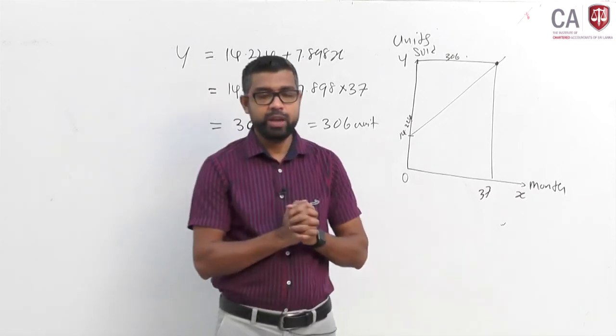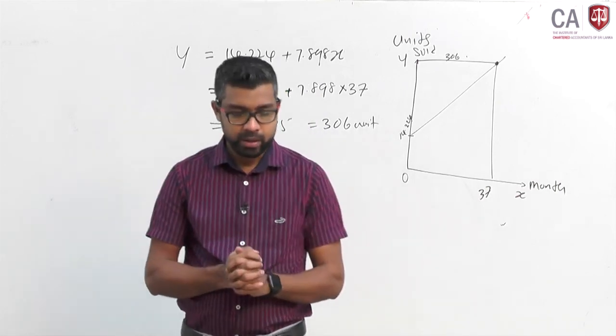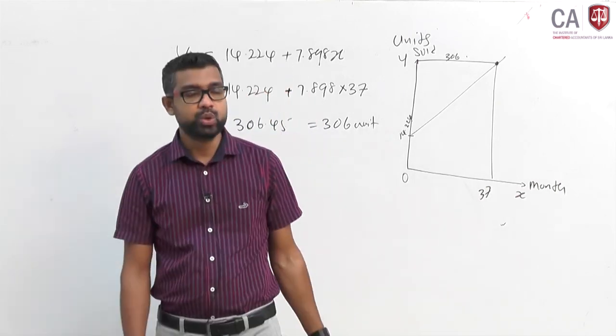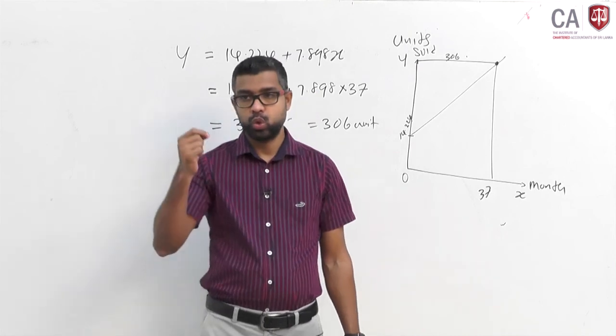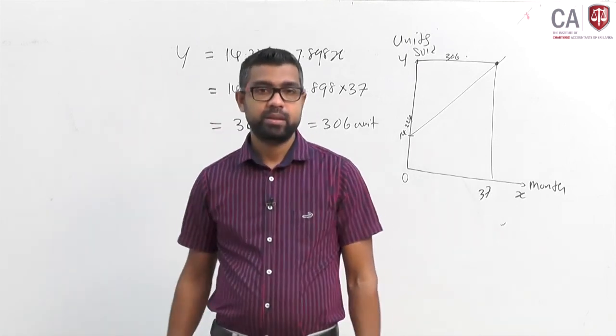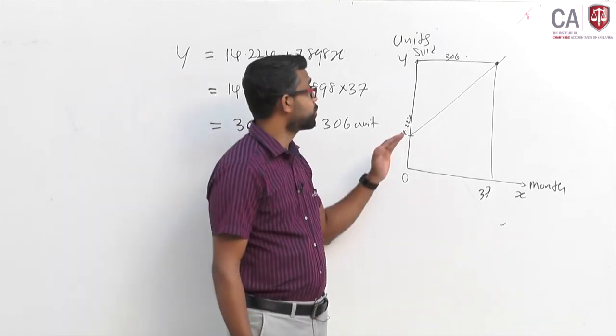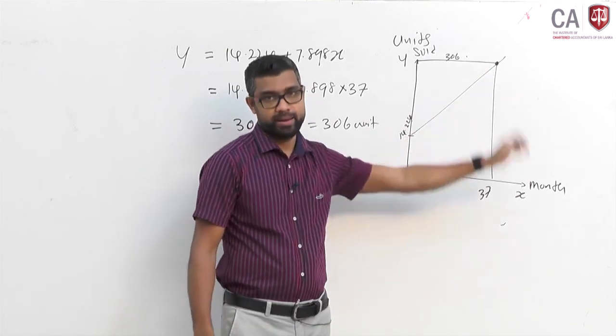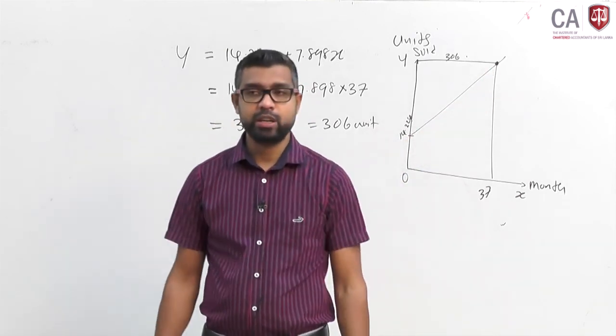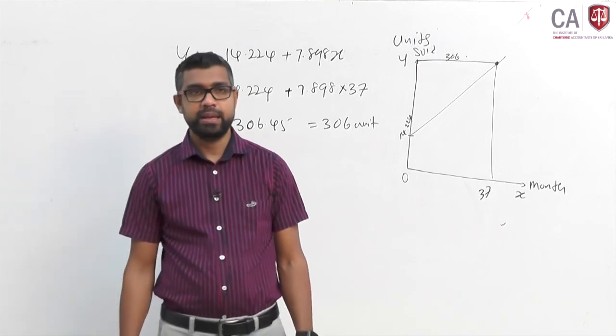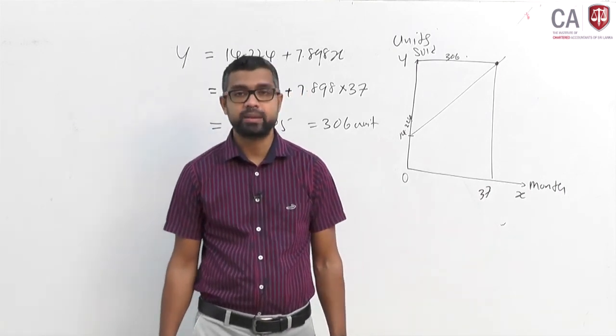So in short, what we have discussed in this chapter, so least square method we have used to estimate sales. How? Through trend line. What is the equation for trend line? Y equal a plus bx.